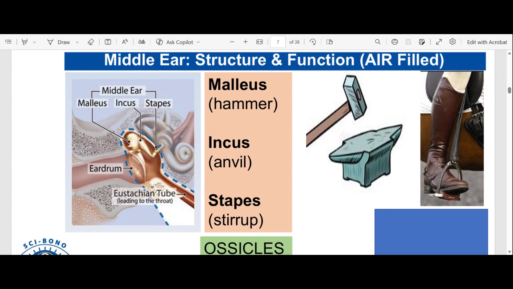And collectively, your hammer, your anvil, and your stirrup are called the ossicles. They are called the ossicles. Okay. And also, you have to pay attention to this: the middle ear is also air-filled, right? It's also air-filled.